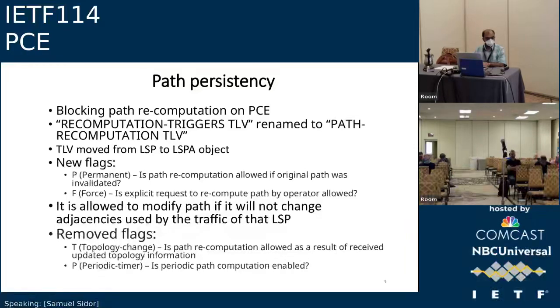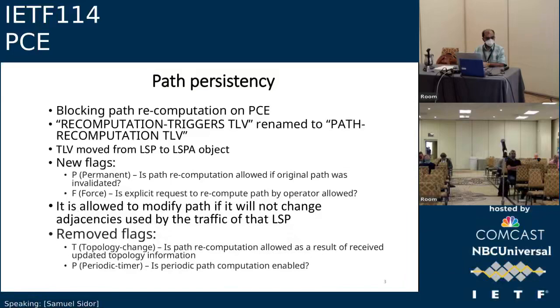New flags were introduced to cover scenarios which are not specific to circuit style policies, but which logically belong to the functionality described in this draft. The P flag is for allowing or blocking modification of the computed path if the original path is already invalidated. So the TLV now allows both options: stick to the computed path even if the path is invalid and keep the LSP in down state, or allow path modification if the LSP would be down.